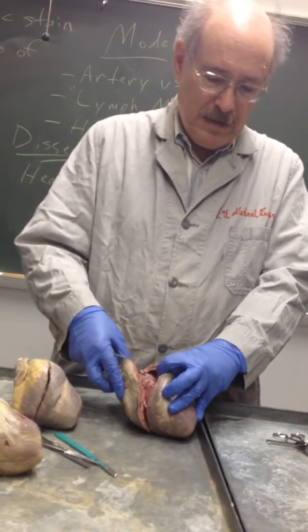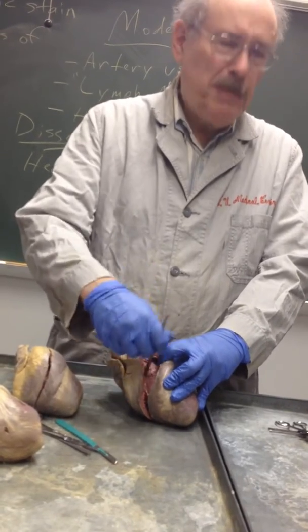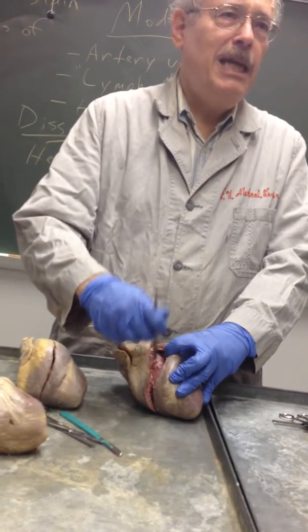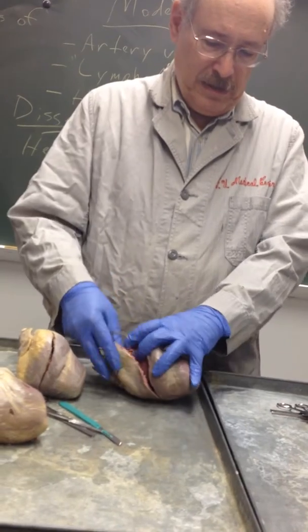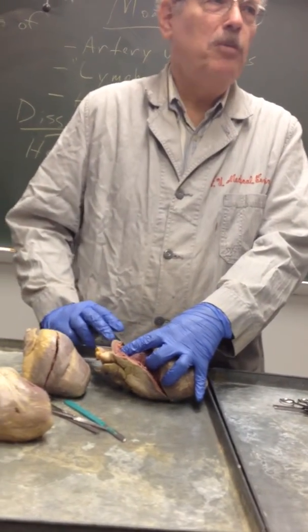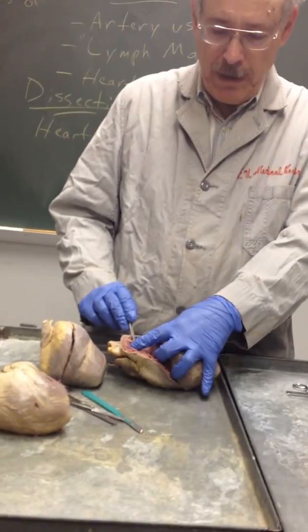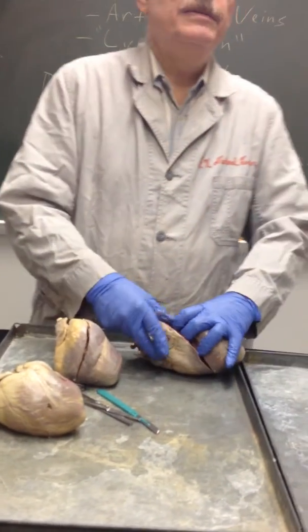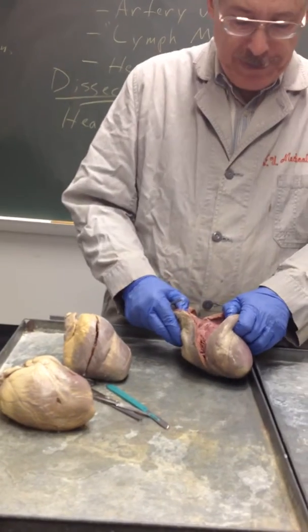So the drop in pressure in the ventricle during diastole, by causing blood in the pulmonary trunk to flow backwards for a fraction of a second, shuts this valve, preventing any further backflow.